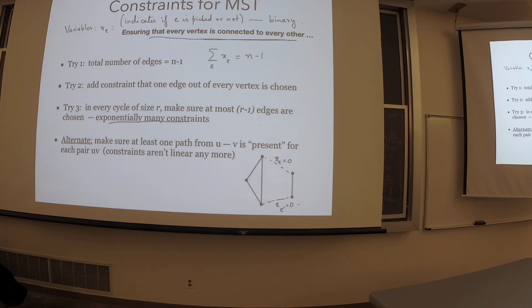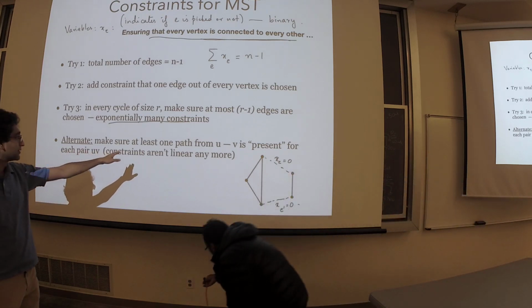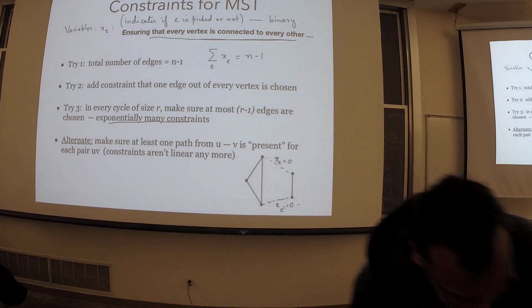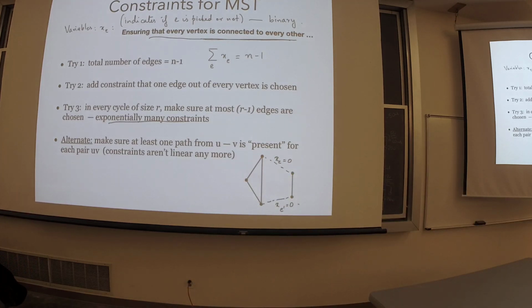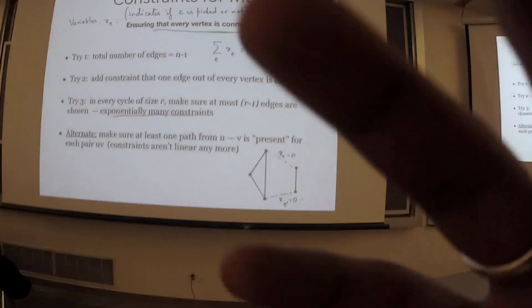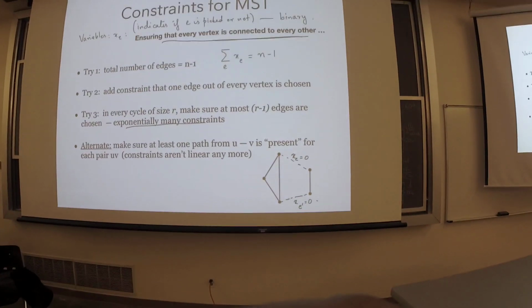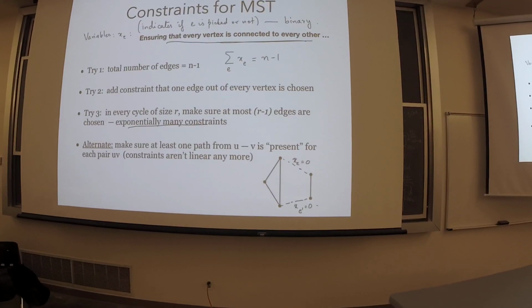We said that this is a valid solution, but the constraints are not linear anymore if you do it like this. Okay, at least naively. Right, so that also happens to work. Okay, but again, this also is exponential. Okay, so this is roughly what we saw last class. So any questions on this before we move to the next one?